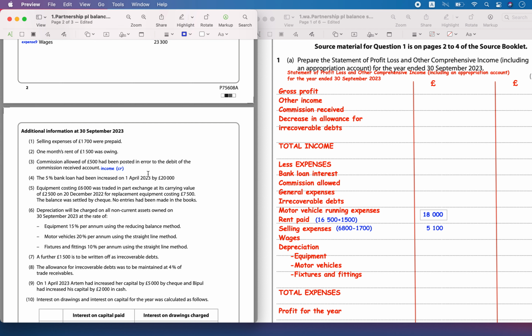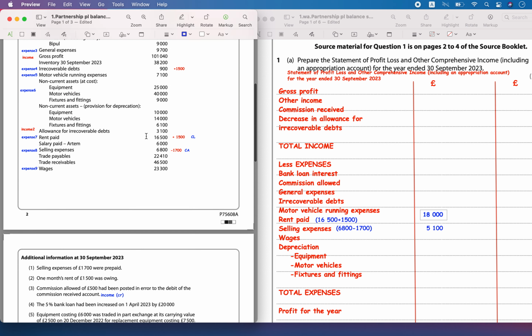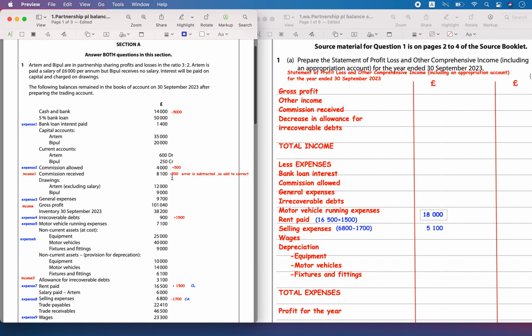But here the 500 had been subtracted from the commission received, which means I have to correct this by adding 500 more. The error was that it was subtracted, so add to correct it.